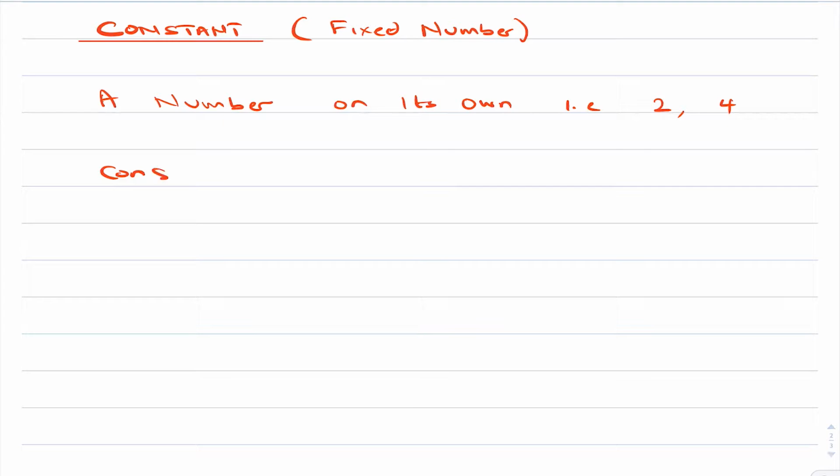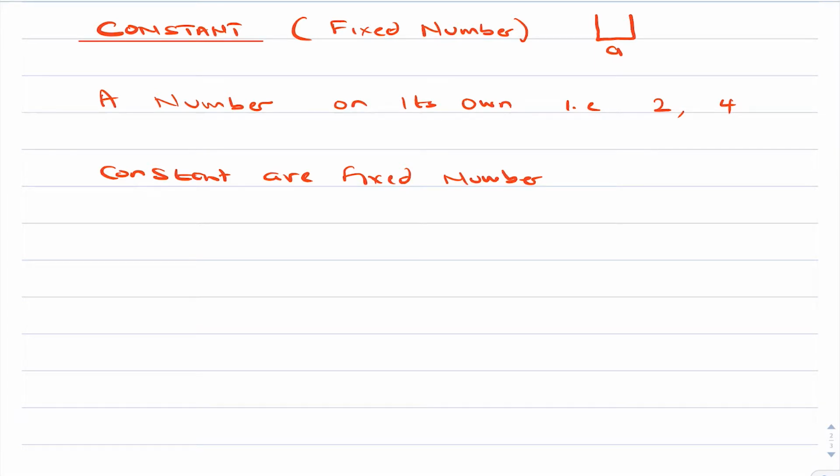So constants are fixed numbers, unlike variables, which can be variable numbers. If you have a bucket, you can name that bucket, give it a letter, say A, and A is a placeholder to represent the number that will be in the bucket. And it will not change. Whatever that number is, it will stay the same throughout.